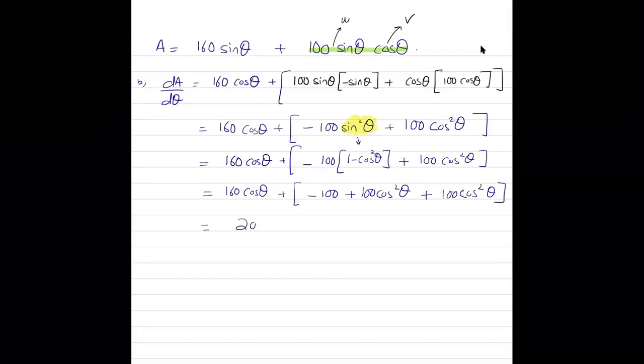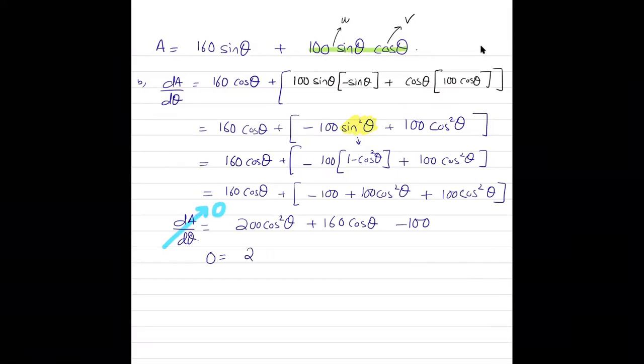So I'm getting 200 cos square theta plus 160 cos theta minus 100, that's dA by d theta. Now to find the stationary value of the area, I will have to set the dA by d theta expression to 0. So I'm going to set it equal to 0.